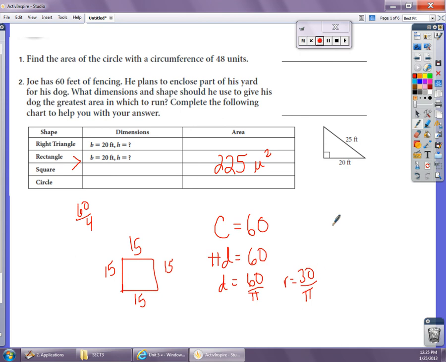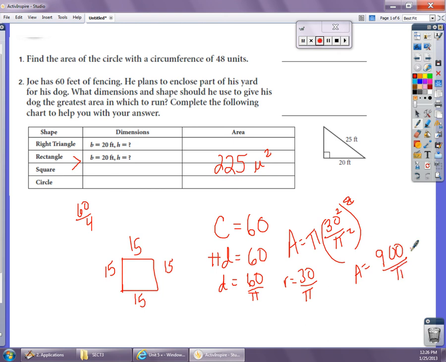So if I use this radius in my area formula, pi r squared, you square the 30, you square the pi, and when you simplify this down, just like in the last problem, you end up with 900 over pi.